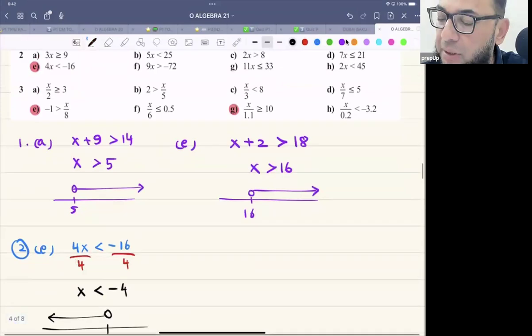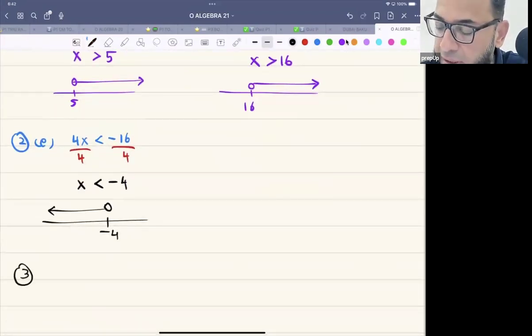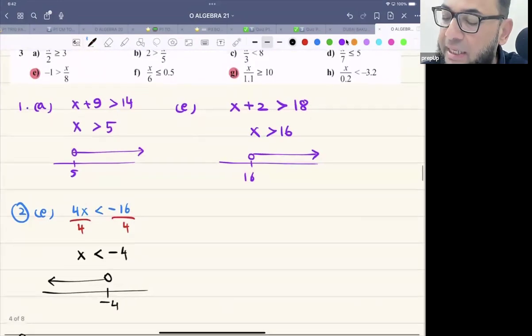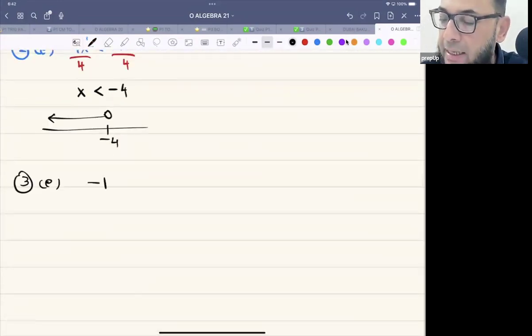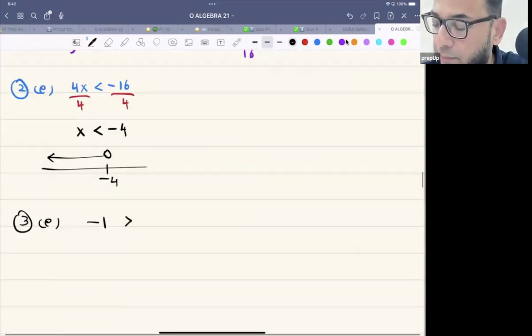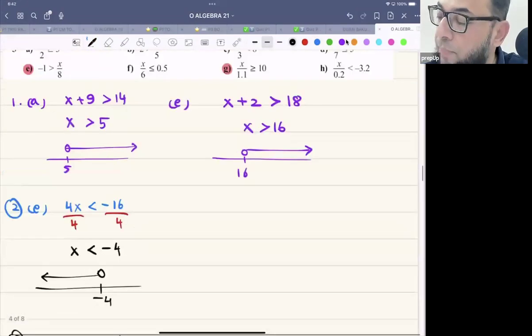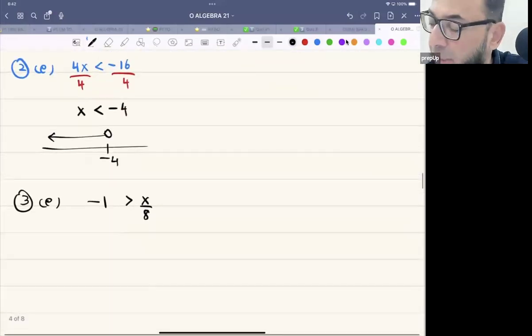And then we have question number 3, part E. Let me write it down. Minus 1 is lesser than, I think, greater than x over 8. And let me write down part G, x over 1.1 is greater than or equal to 10.